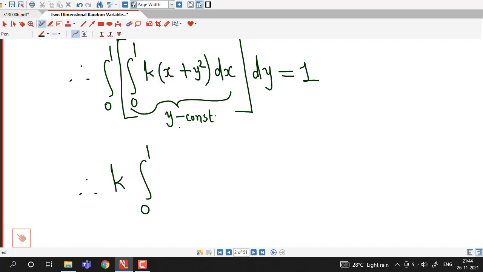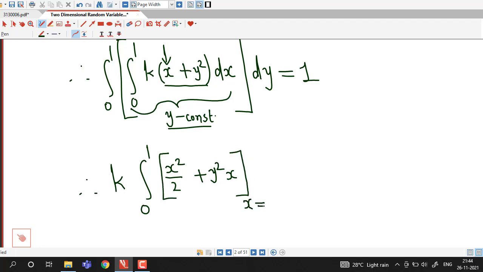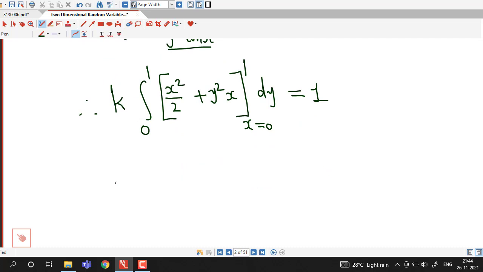Here we consider y as constant and we integrate (x plus y square) with respect to x. So the integral of x is x square by 2, plus y square is constant, and the integral of 1 with respect to x is x, and the limits of x are from 0 to 1, and this must be equal to 1.